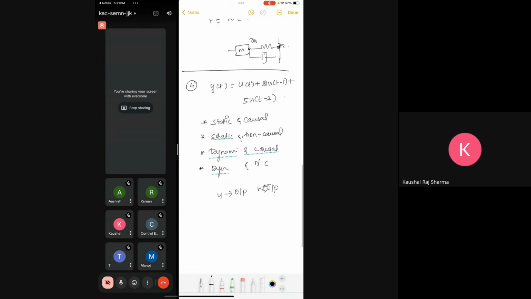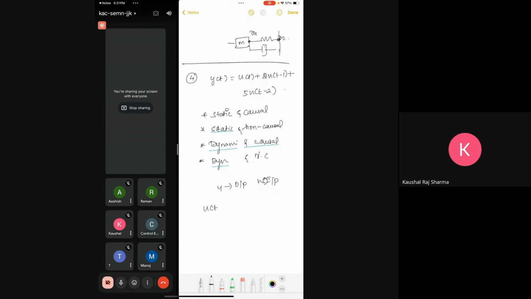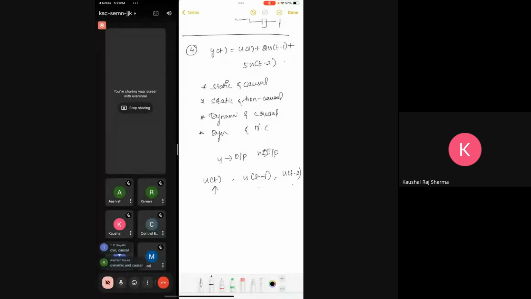The inputs can be split into three different parts, right? Inputs of u of t, u of t minus 1, u of t minus 2. This is at time instant t, this is the previous instant and this one is before that. So based on the definitions, static should be only present, and causal can be present and past.